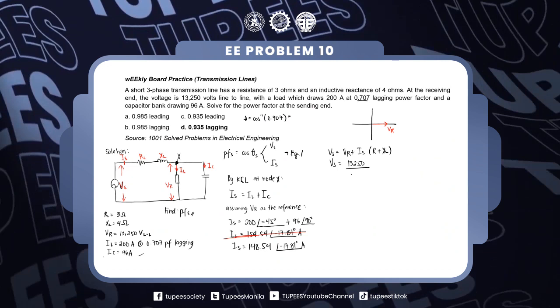So the phase voltage is 13,250 over square root of 3. Since VR is our reference, its angle is 0 degrees. Plus 148.54 angle negative 17.81 degrees times 3 plus j4. Why j? Because it is inductive reactance.